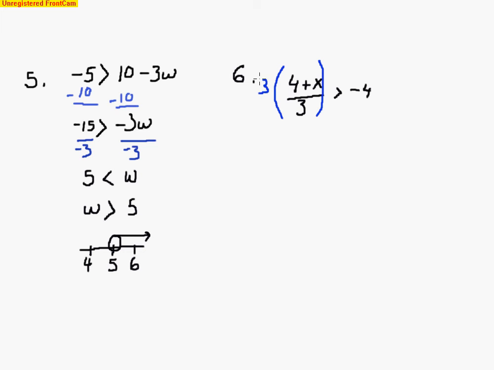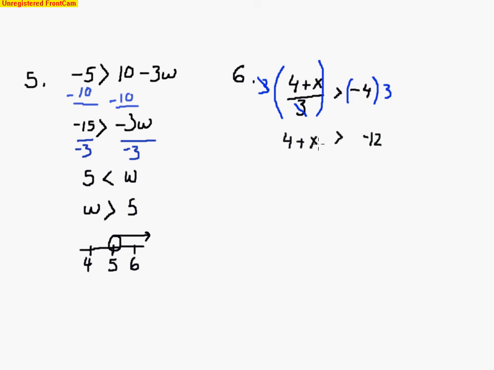And what that will do is allow us to cross-cancel those 3's, leaving us only with the numerator, the 4 plus x. But again, what we do to one side, we always have to do the same to the other. So we'll have to end up multiplying that side by 3 as well. And so once we do that, we have 4 plus x is greater than negative 12.